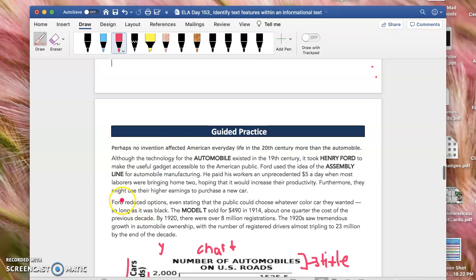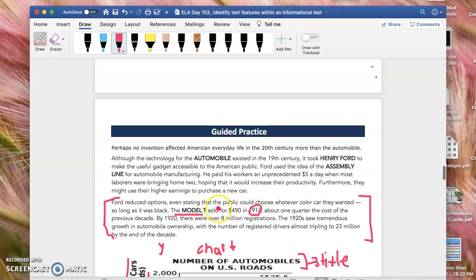And so here in the second paragraph, it talks about what happened during that time. It says Ford reduced options, even stating that the public could choose whatever color car they wanted as long as it was black. The Model T sold for $490 in 1914, about 1/4 the cost of the previous decade.